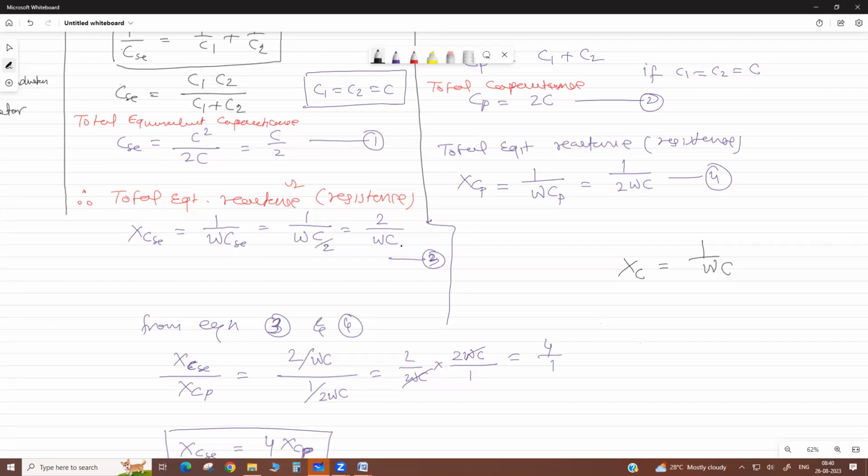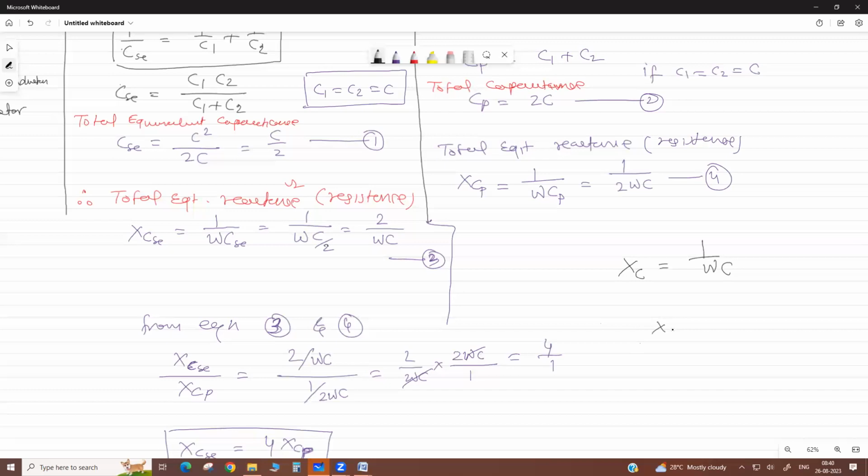Okay. Sir, is this clear? Thank you, sir. Now we compare these two. How can we compare this? So we divide equation 3 by 4. I took the ratio of these.